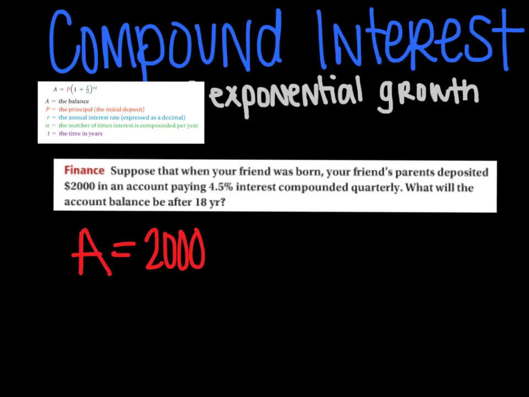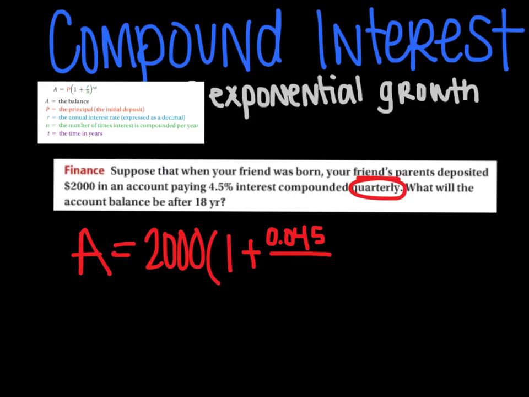So right now I'm just dragging and dropping what I know. The 1 will never ever change. It'll always be 1 plus. And then R is my annual interest rate, which is 4.5%. Because it's a percent, we have to write it as a decimal, so 0.045 over N. N is the number of times it is compounded each year.